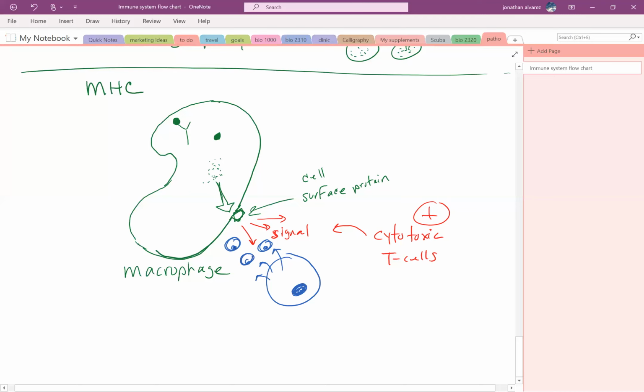Now, a cytotoxic T cell releases its drones, and those drones, I made that term up, the drones. So these little drones are called killer T cells, and they help to destroy the antigen.